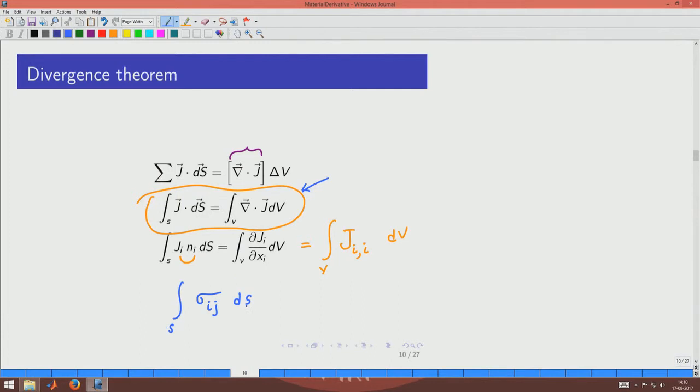Now, you would write this as sigma i j, and there is a normal to the surface. So, you choose the index for the surface, and ds. Okay. Now, you see that the index that is matching has to go here at the comma. So, you would write this as dou sigma i j by dou x j. Okay.